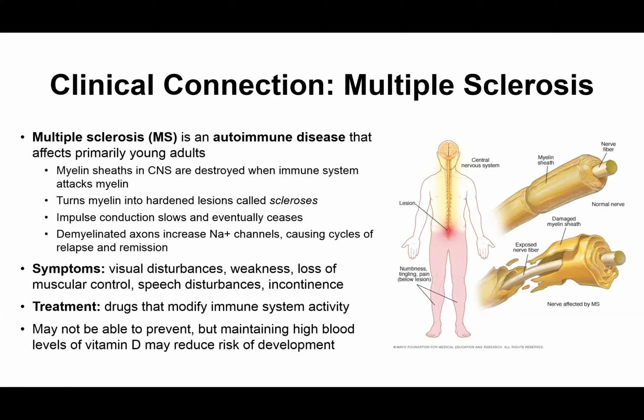In terms of cure, there's no cure, but there is treatment, which is really just immunosuppressants or drugs that modify the immune system's activity. And even though a person can't necessarily prevent multiple sclerosis, maintaining high blood levels of vitamin D has potentially been linked to reducing the risk of developing it.